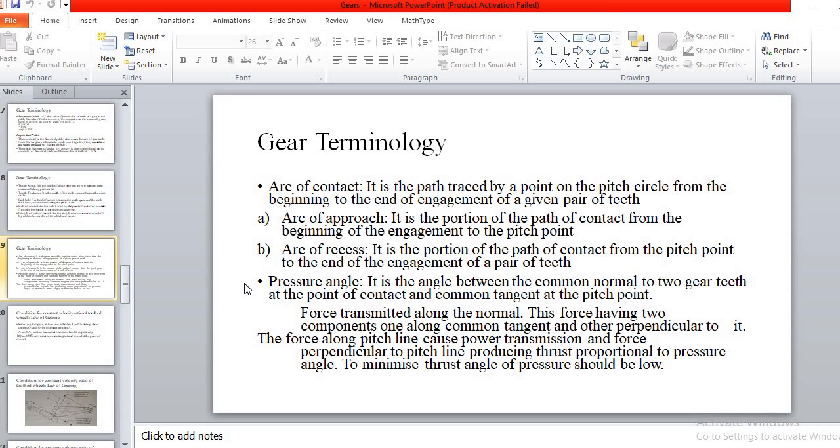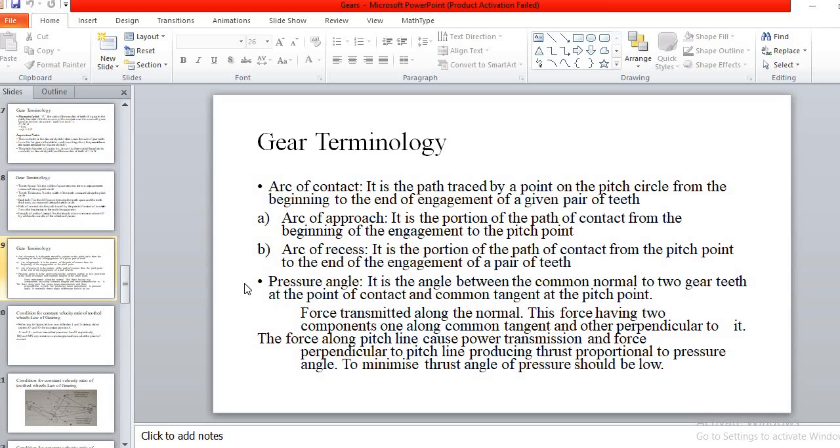First, just imagine that two gears are engaging with each other. When two gears are engaging, there is a common point of contact between the two gear teeth.